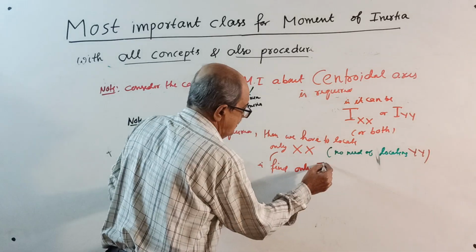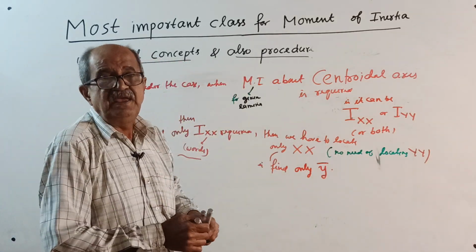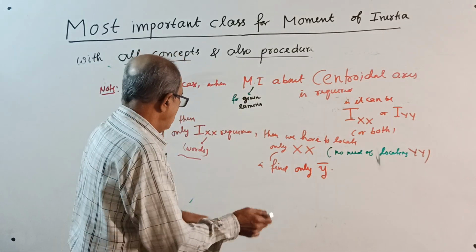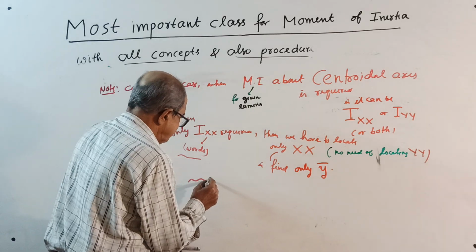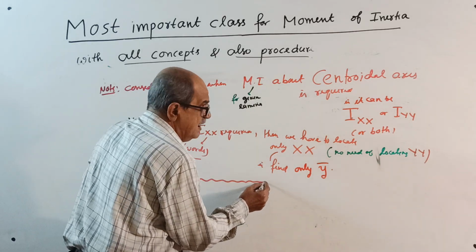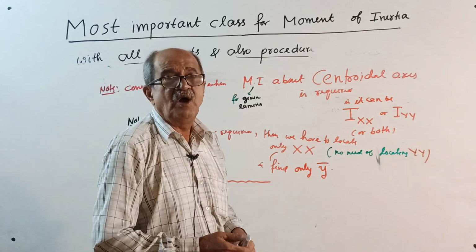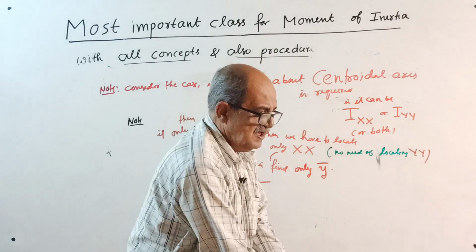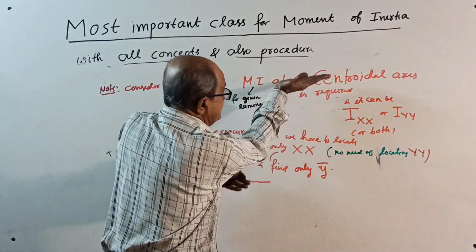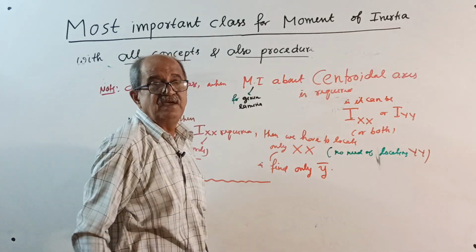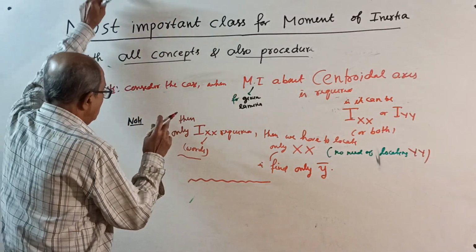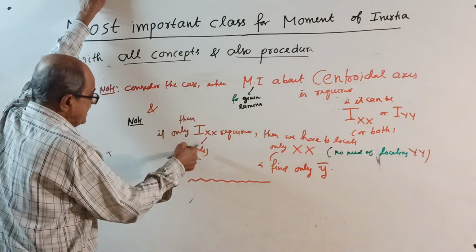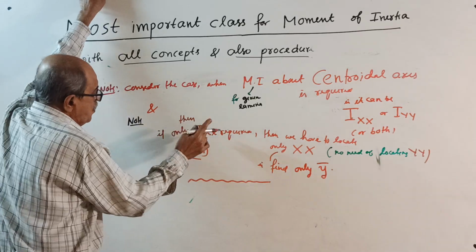Note that a horizontal axis can be located only by the calculated vertical distance. If you know the vertical distance, you can mark the horizontal axis.